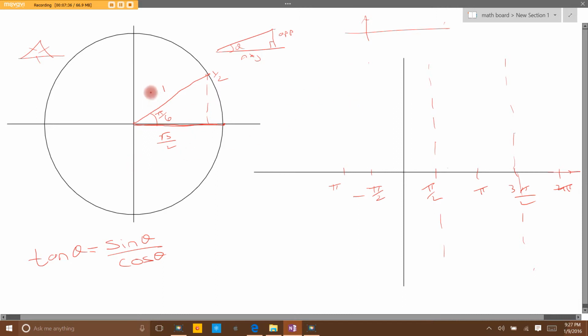Negative pi over 2 is just angles going in the clockwise direction. This is angles going in the counterclockwise direction, and this is the clockwise direction, right? So we can describe that, negative 3 pi over 2.